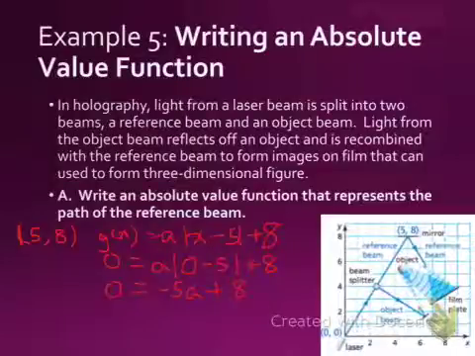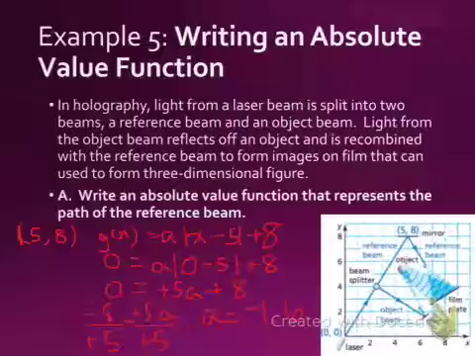So then I'm going to subtract 8 and divide by negative 5. So I'll get negative 8 equals negative 5a, then divide by negative 5. And I'm going to get that a equals negative 1.6. This actually should have been a positive because it was an absolute value.